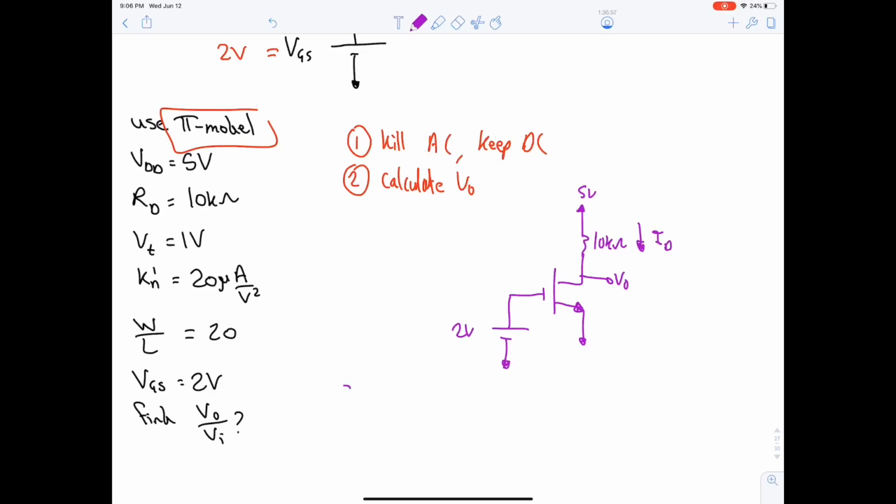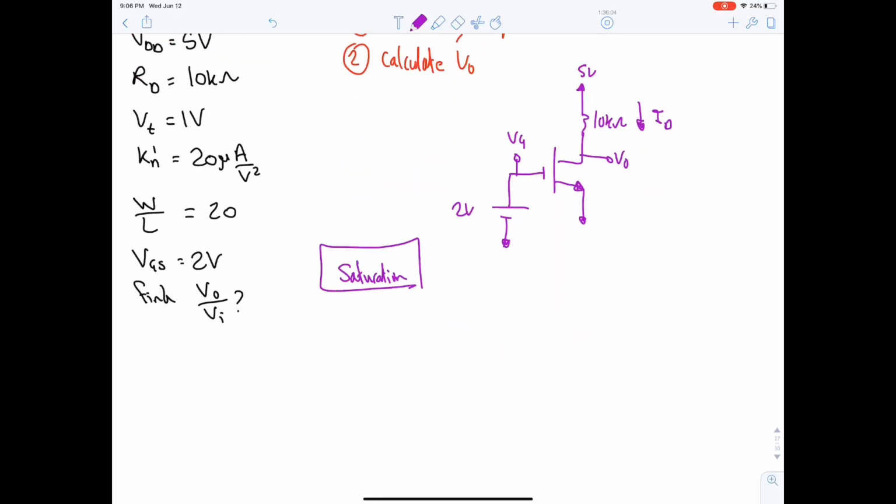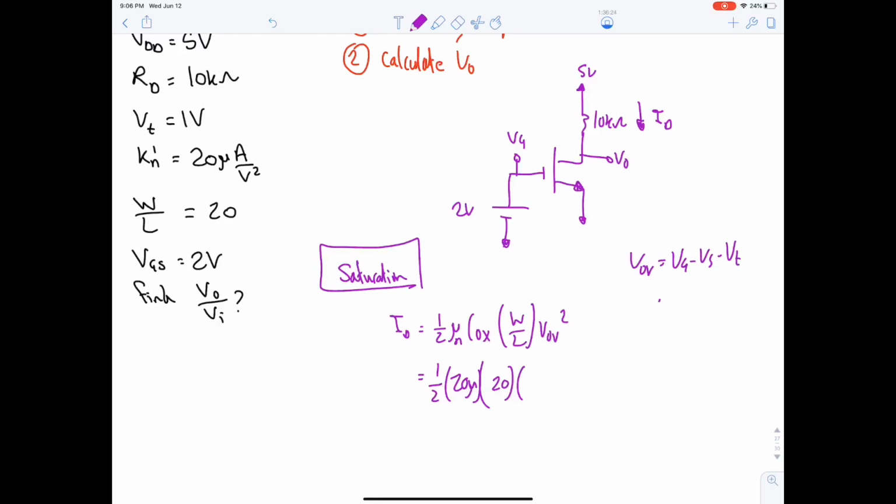We are always in saturation. This is VG. Okay. Now we have to say that ID is equal to half mu n COX W over L VOV squared. Half 20 micro multiplied by 20 multiplied by VOV. VOV is VG minus VS minus VT. VG is 2, VS is 0, and VT is 1, so it will be 1 volt.